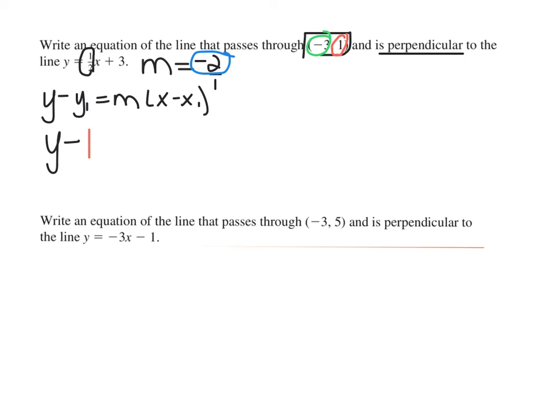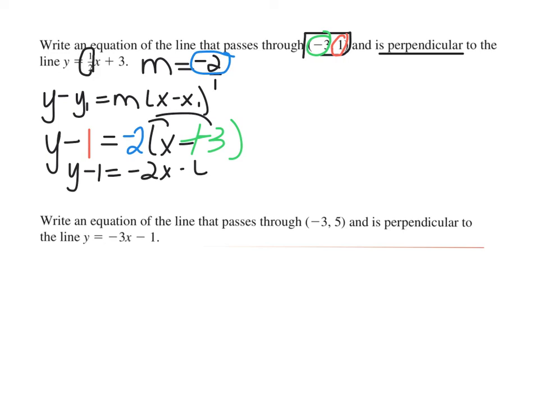Equals negative 2 times x minus negative 3. And then we simplify. Minus a negative becomes plus. So we get y minus 1 equals, distribute my negative 2, negative 2x minus 6, add 1, and y equals negative 2x minus 5.